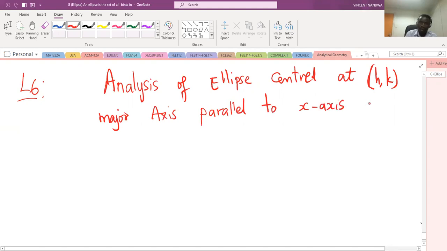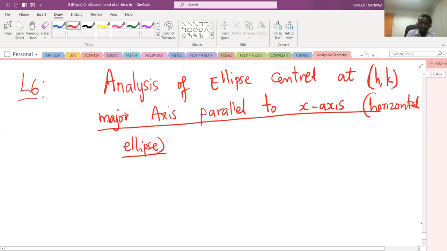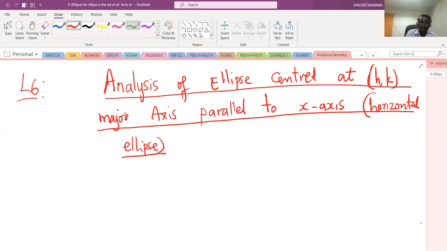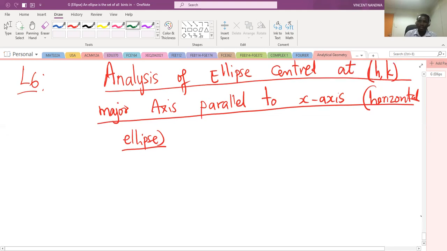So this is just still a horizontal ellipse. Solution. So let's draw the sketch for that.